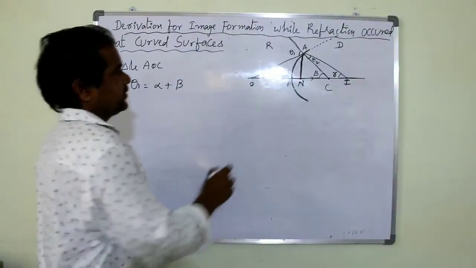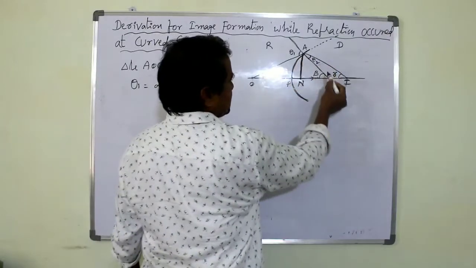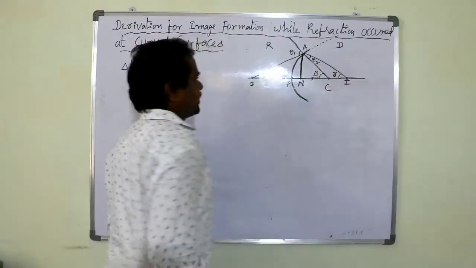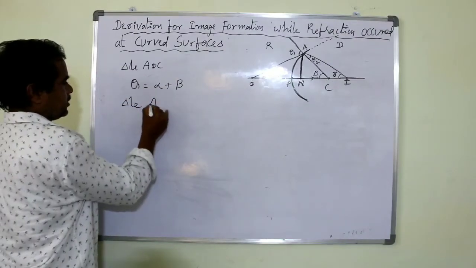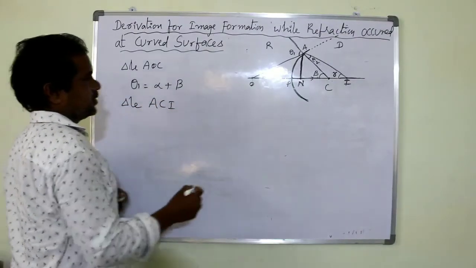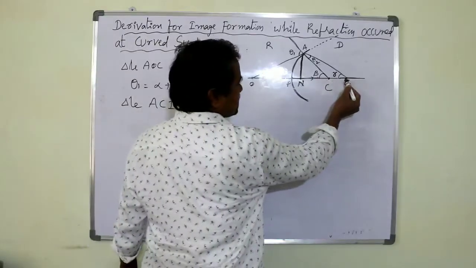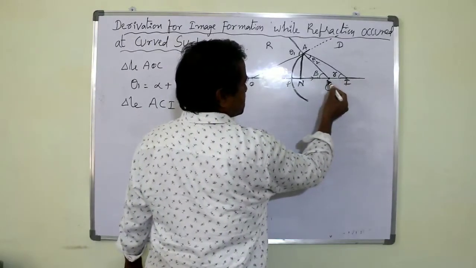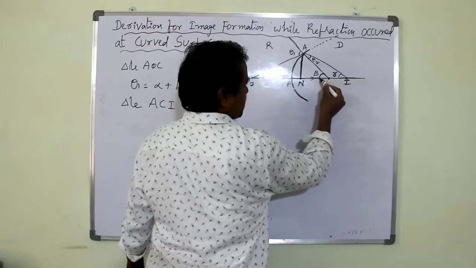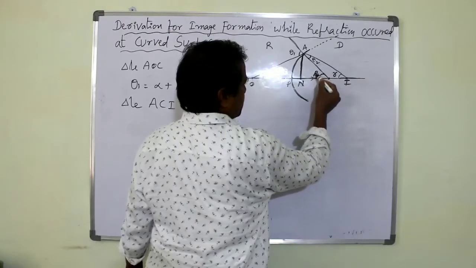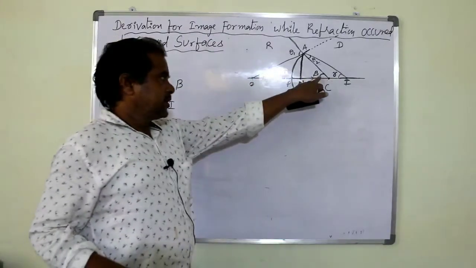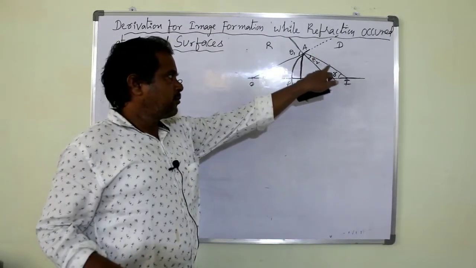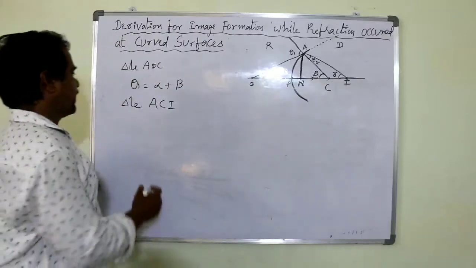Next, consider triangle ACI. Here also, if we extend this side, CI or IC side, one exterior angle is formed, beta. According to the properties of the triangle, the exterior angle is equal to the sum of the opposite interior angles.